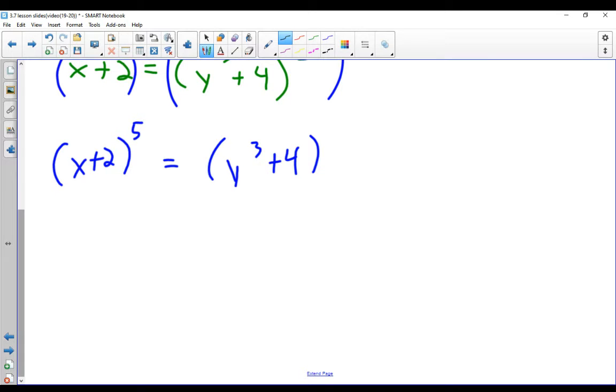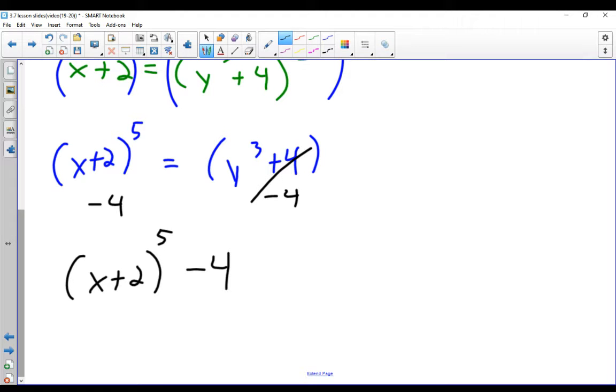For now, let's go ahead and subtract 4 from both sides. And I do want to mention, when you subtract that 4, make sure it stays on the outside. It does not get subtracted from the plus 2. Don't do it. And then all we have left to get the y by itself is to get rid of that power of 3.